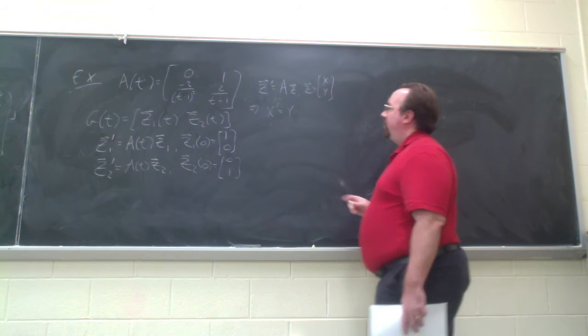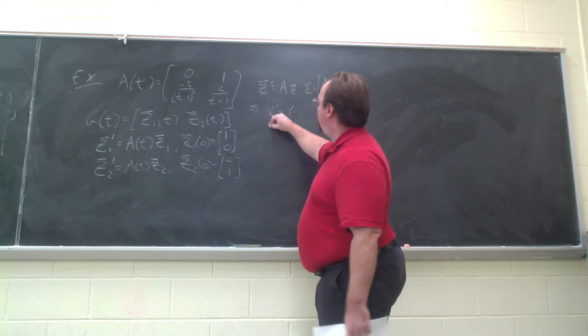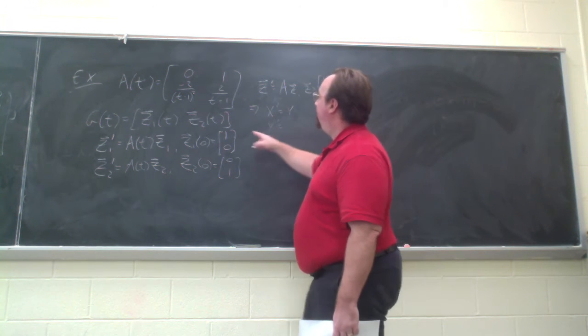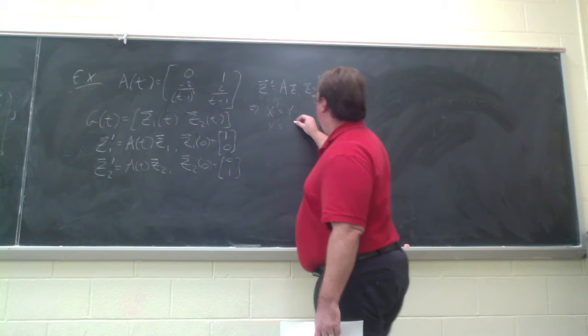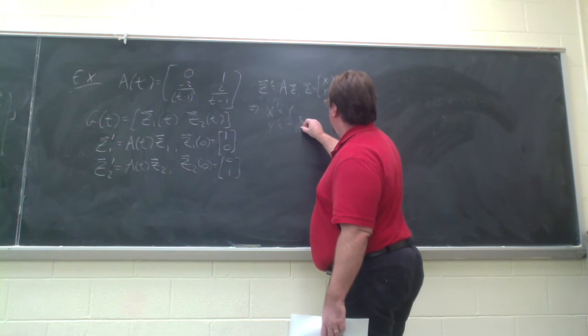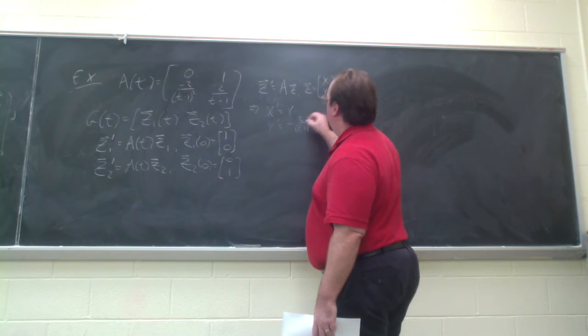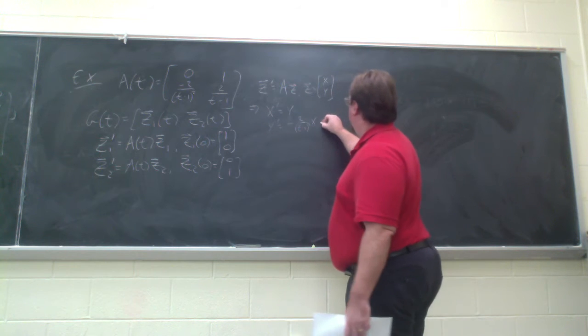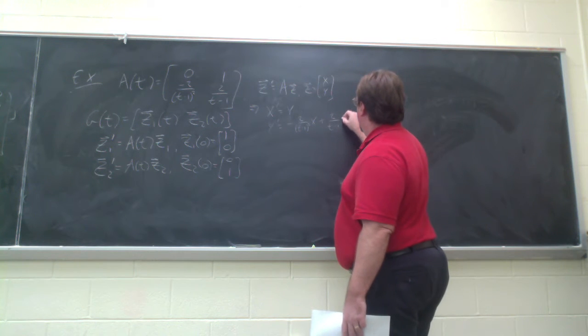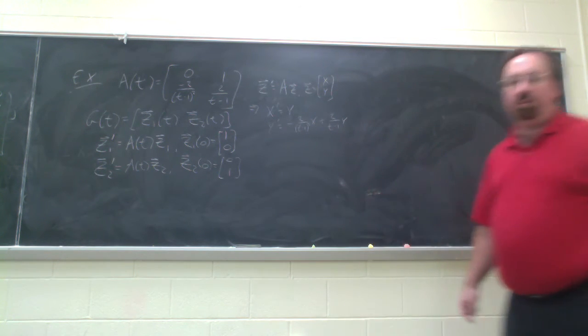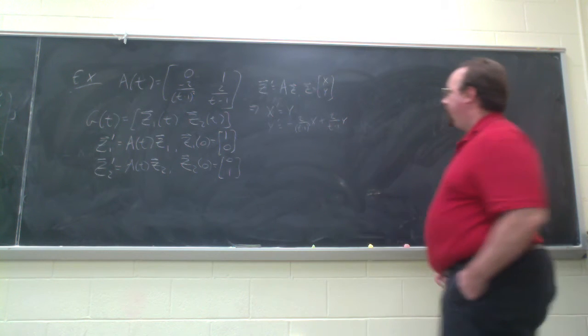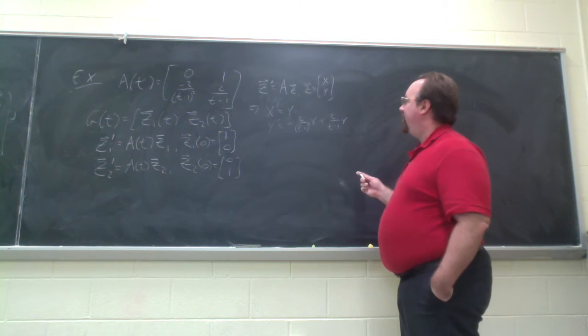And for my second equation, y prime is equal to this coefficient times x plus this coefficient times y. So this is the system written out in terms of components.